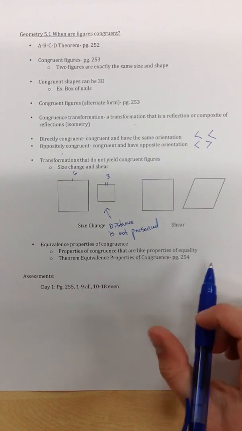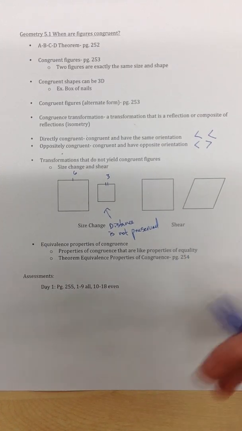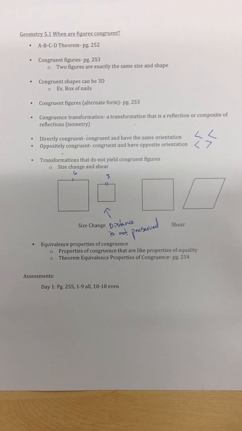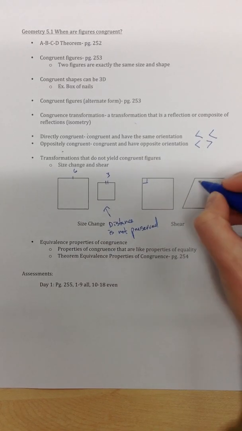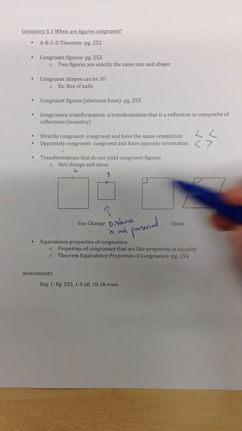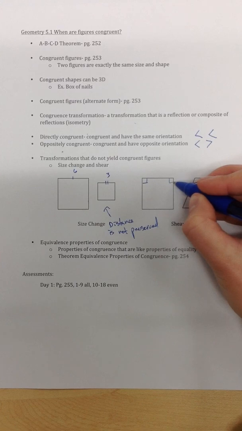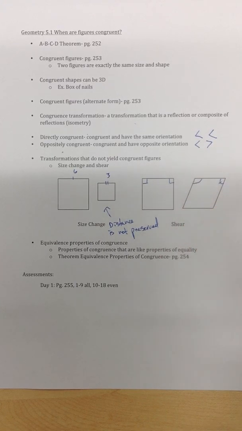Okay, another one we didn't necessarily talk about that might come up would be shear. So shear is basically when you take a shape and kind of push it over like that. So this also would not be congruent because if we look at our angles here, you can see like that one there's a 90, but when I take and push it over, that angle's not the same. Same as that here's a 90, and that one's different from it.